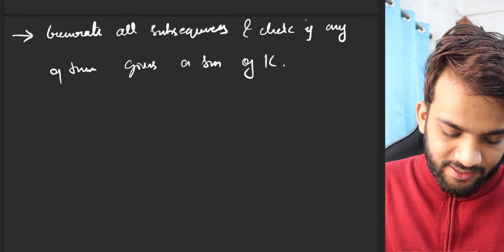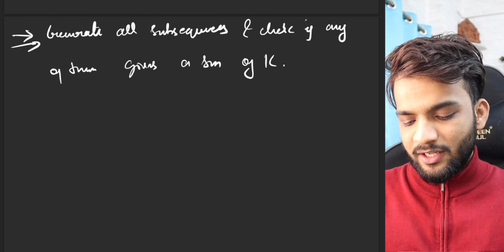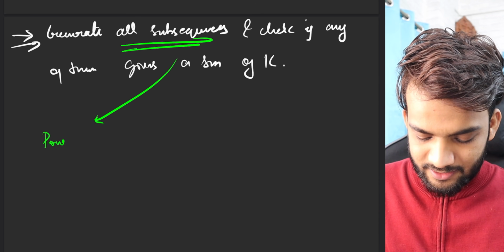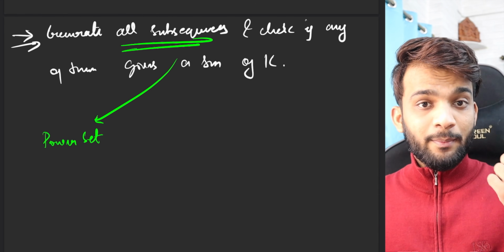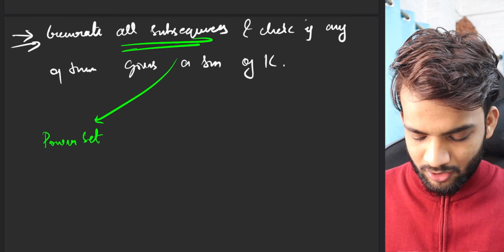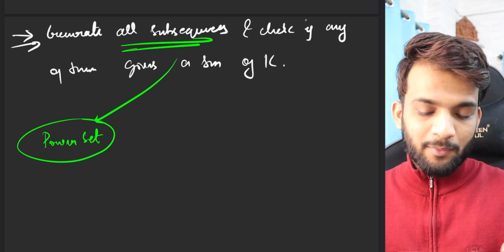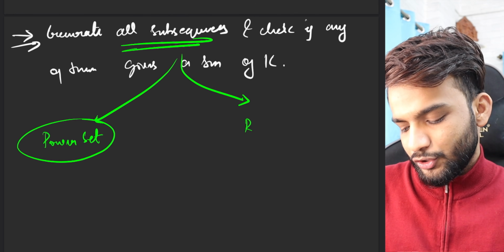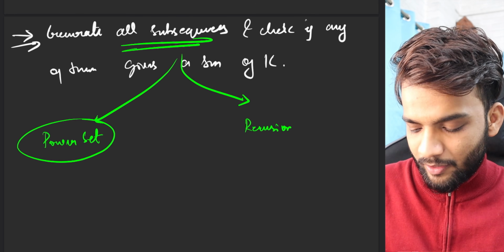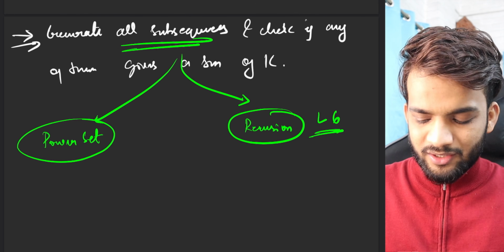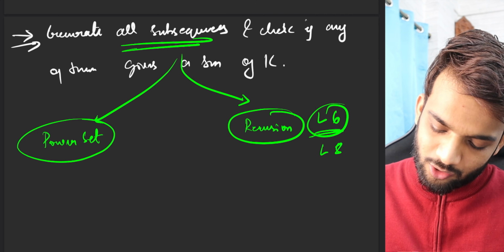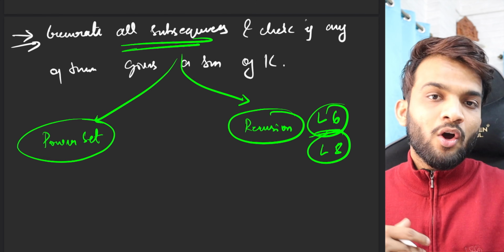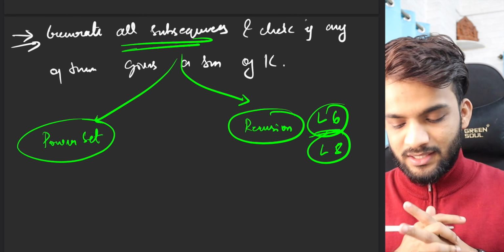Now, how can you generate all the subsequences? There are two ways. One is the power set, which uses bit manipulation, and I've already made a video on that. You can definitely watch it. The other one is recursion, lecture 6 or lecture 8 of the recursion playlist, the combination sum problem, where we have already discussed how to generate all the subsequences.